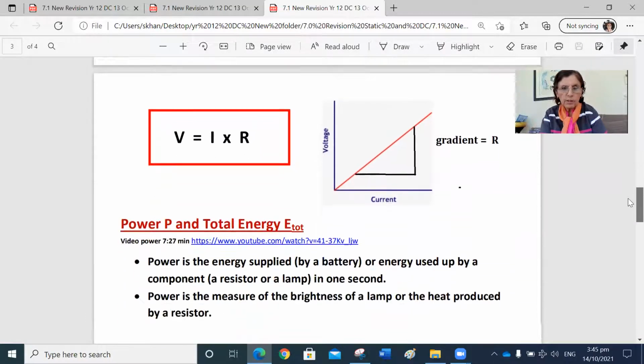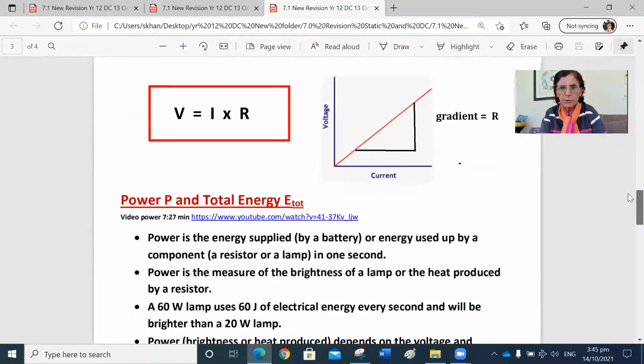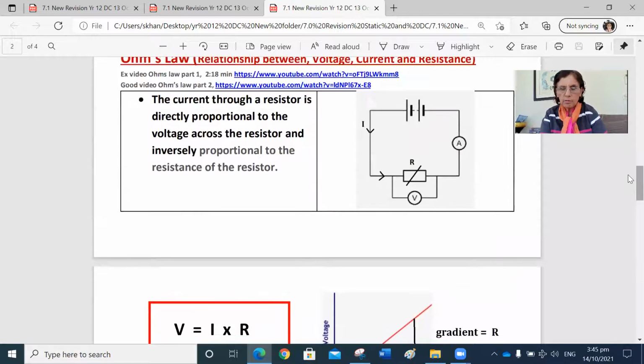Now let's look at the energy in a circuit, and I will still use the same diagram. This battery is providing electrical potential energy, and this resistor is changing that electrical potential energy into heat energy.